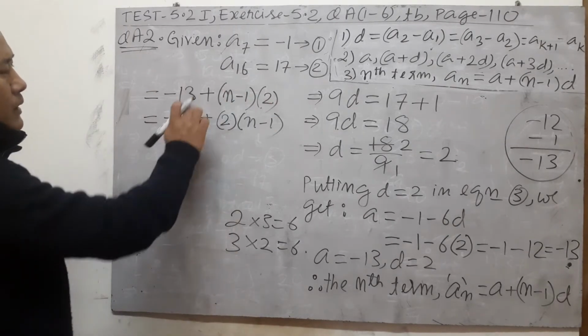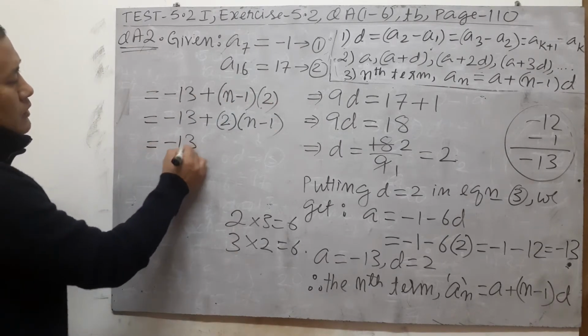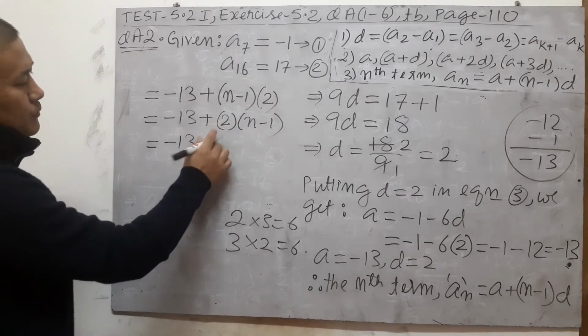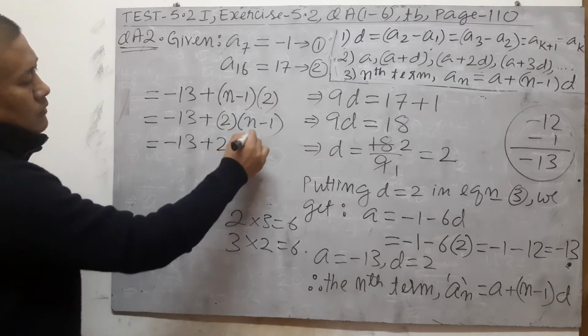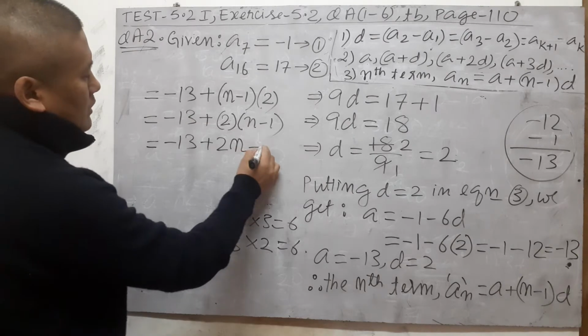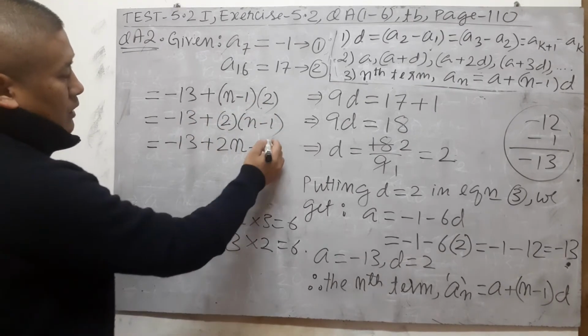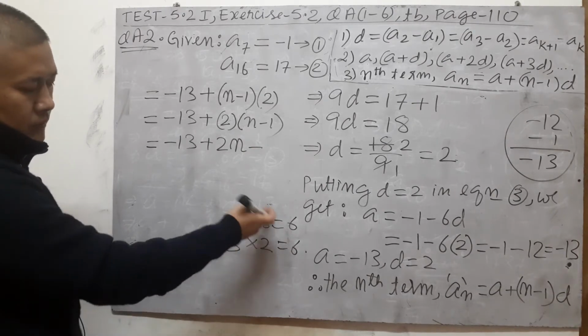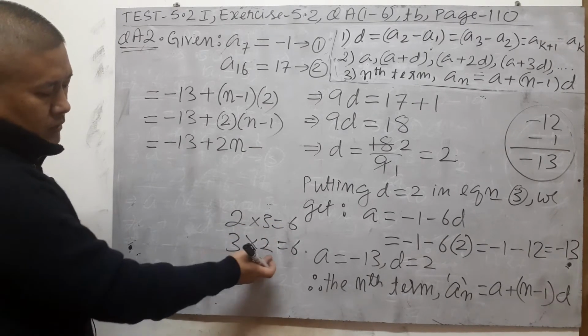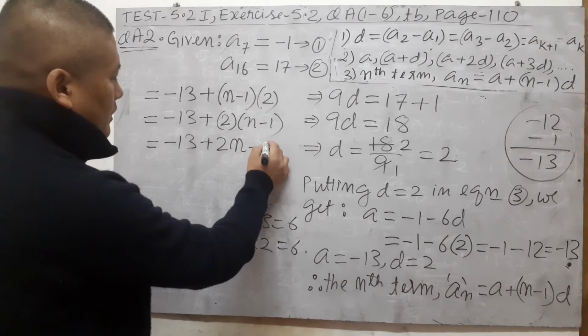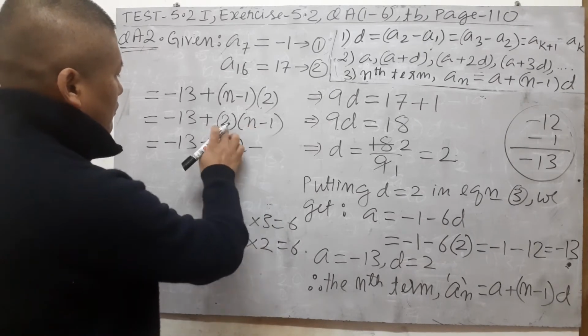Otherwise, we can just multiply from the back also. Minus 13, so plus into plus is plus, 2 into n is 2n, and plus into minus is minus. I brought this one here and this one here, same thing. Just like in multiplication, A into B and B into A give the same result. So we can do that. Plus into minus is minus, 2 ones are 2.